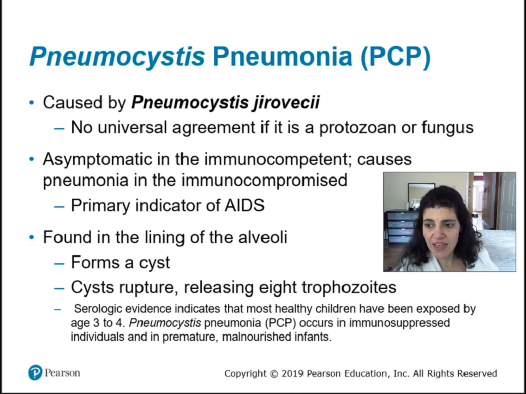Extrapulmonary lesions occur in a very small percentage, like 3% of the patients, and are usually in lymph nodes, spleen, and bone marrow. If it's untreated, the progression of this disease can lead to death. So again, mostly in immunocompromised patients.